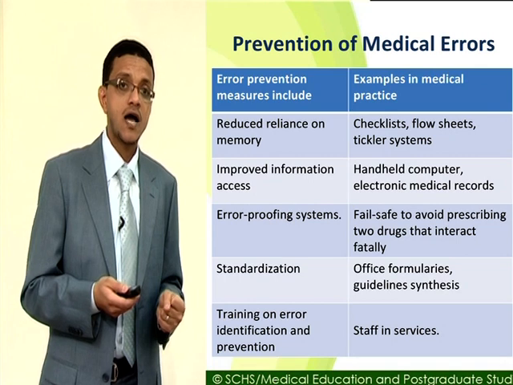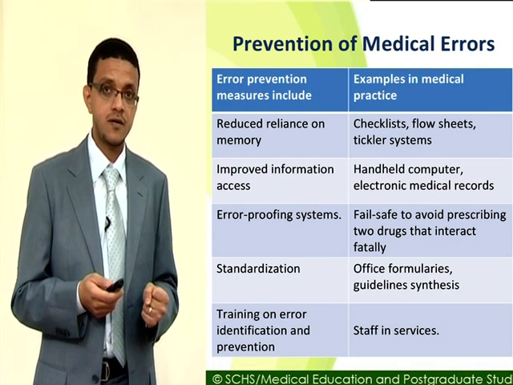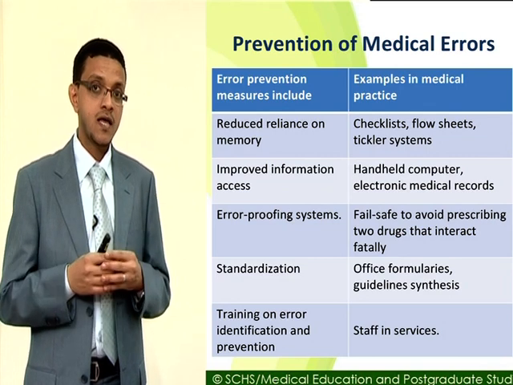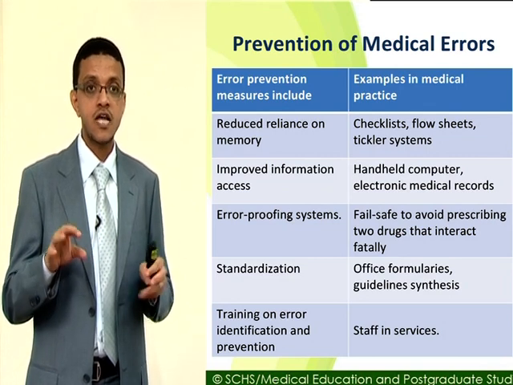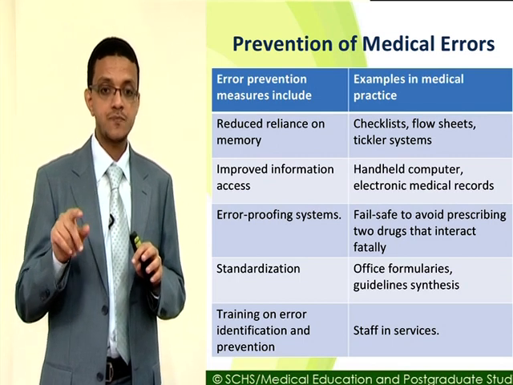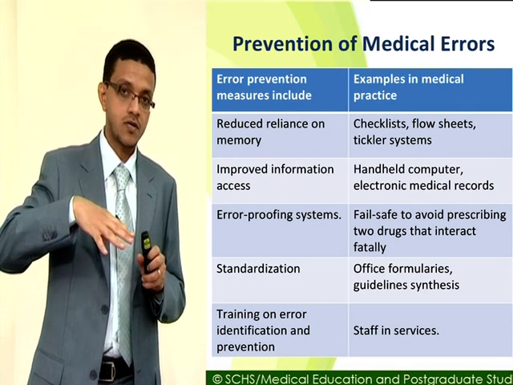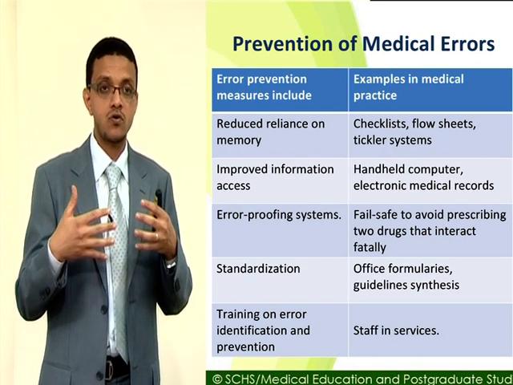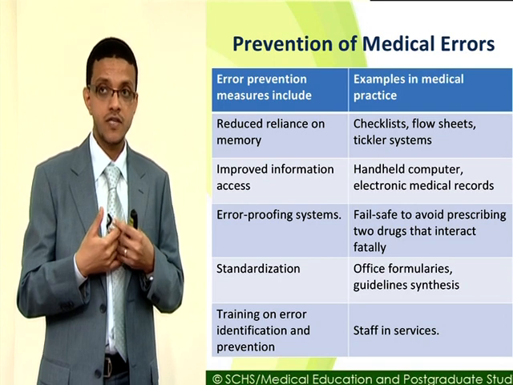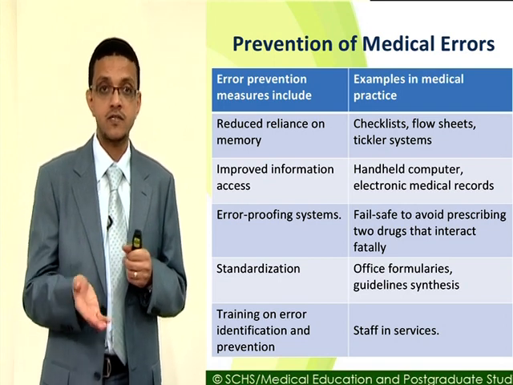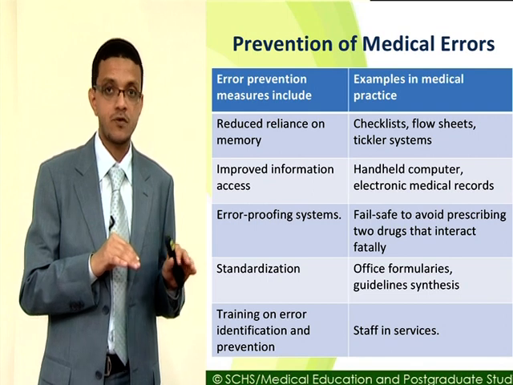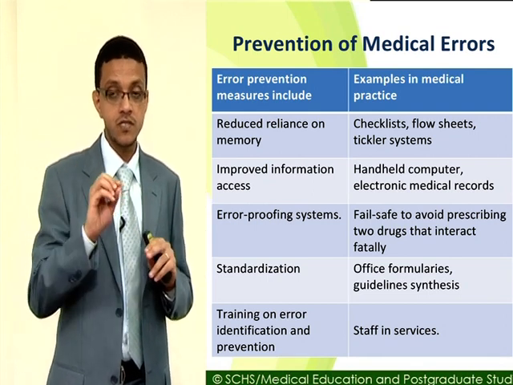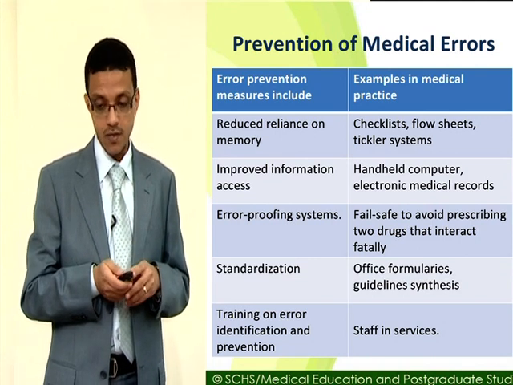For instance, it's possible that hospitals, especially those working on an electronic basis, if the doctor prescribes a drug and this patient is already on another drug, and they interact or there's a contraindication, for instance, if the patient is pregnant and you are prescribing a drug that's not suitable for pregnant women, then the system automatically sends you an error message, and this could help you to reduce the error.